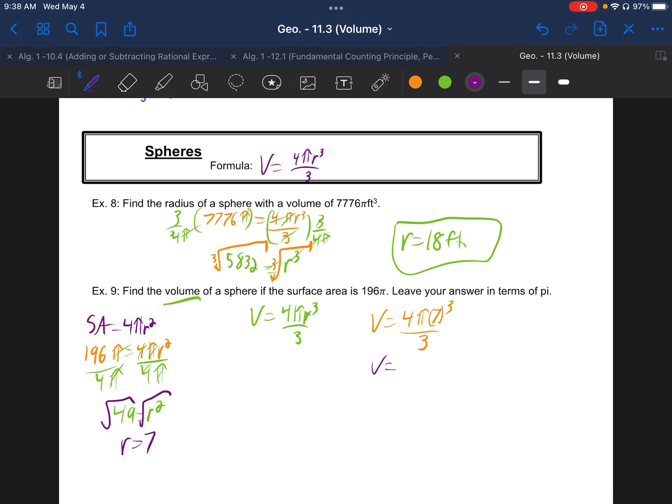If we take 343 times 4 on the top, we get 1,372 pi over 3 cubic units. If you wanted to leave it as a decimal, you could. You would just have 0.3 repeating, not just 0.3, because we're not told to round. We're told to leave it in terms of pi, which means they want it to be an exact answer.